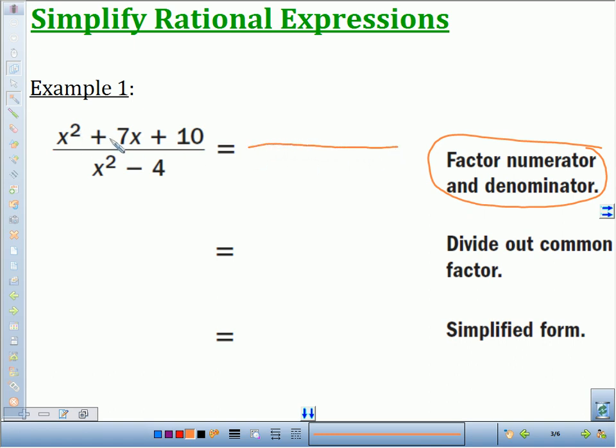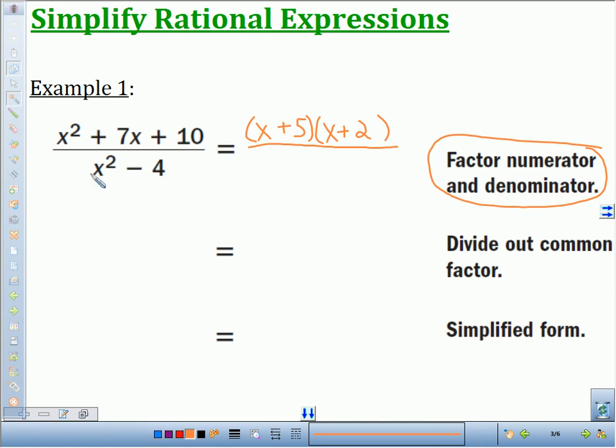I want to factor x squared plus 7x plus 10. The quick and easy way to factor would be to start with my parentheses. I put my x's. Since I have a plus at the end and a plus in the middle, both of these have to be plus. The factors of 10 that add up to 7 are 5 and 2. So I have x plus 5 and x plus 2.